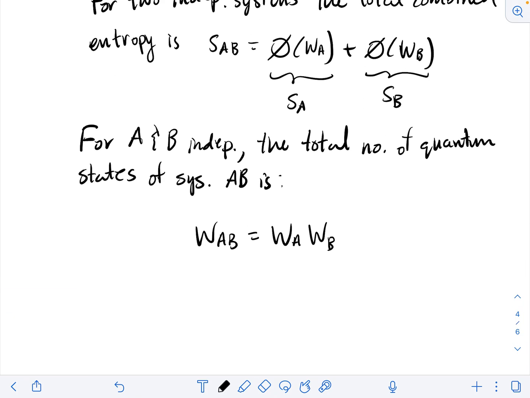So the number of microstates of the composite system is the product of the microstates of the individual systems. And so if we go to Boltzmann's hypothesis, it must be that the entropy is some function of WAB, which then is some function of WA times WB.